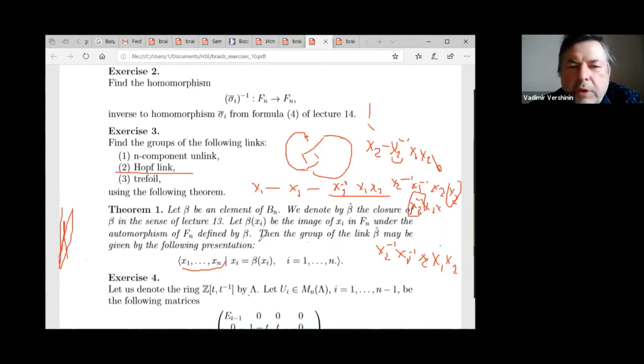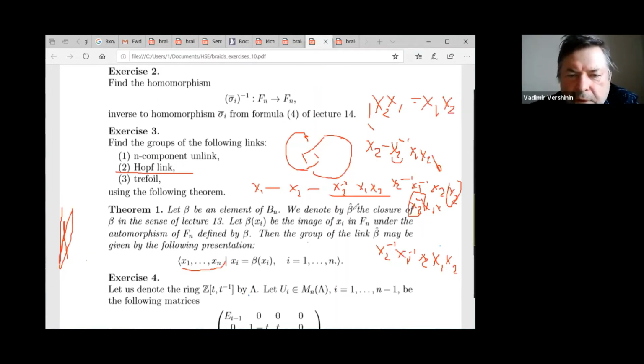The first relation, x1 equals to this one, so we can rewrite it: multiplying by x2 to the left, x2 x1 equals x1 x2.